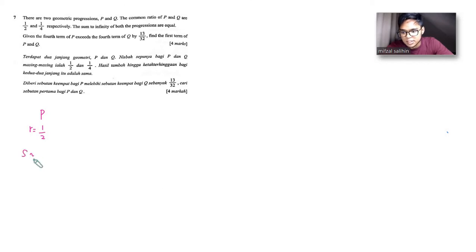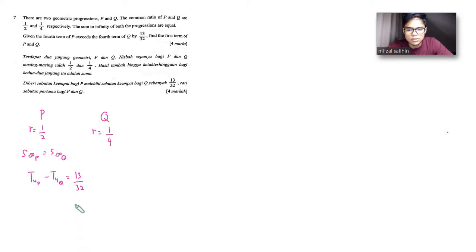So S infinity of P is equivalent to S infinity of Q. And here we know that the fourth term of P exceeds the fourth term of Q by 13/32. So T4 of P minus T4 of Q is equivalent to 13/32. And we know that Q has a common ratio of 1/4.